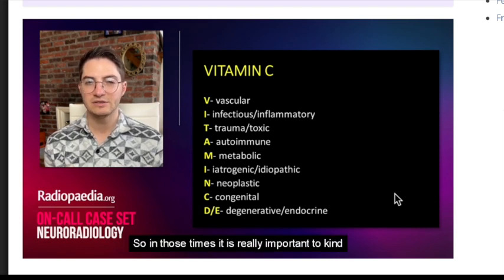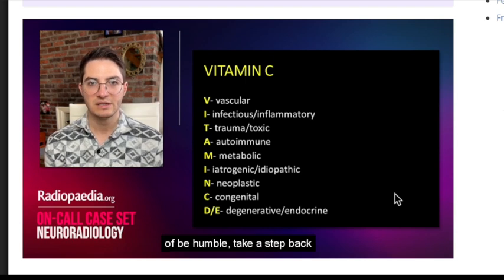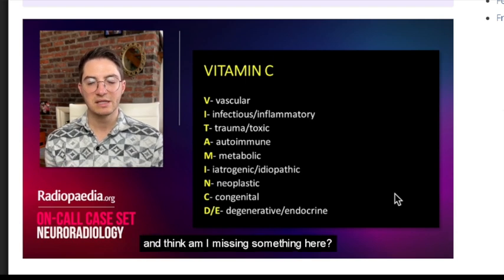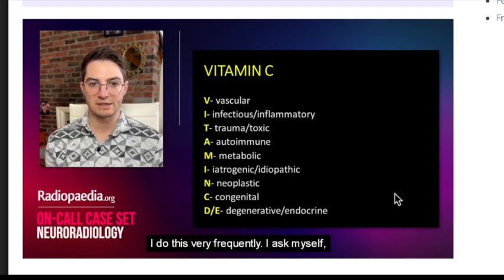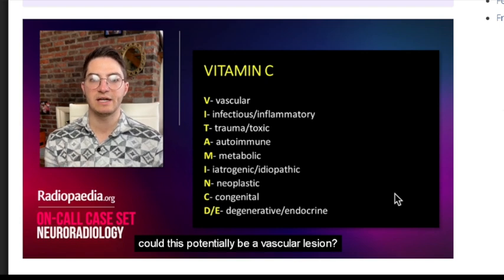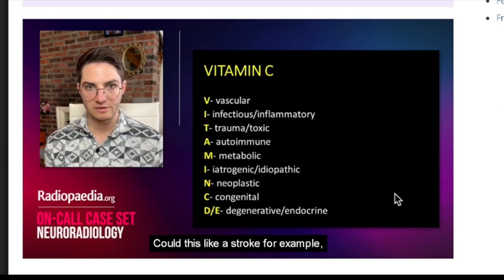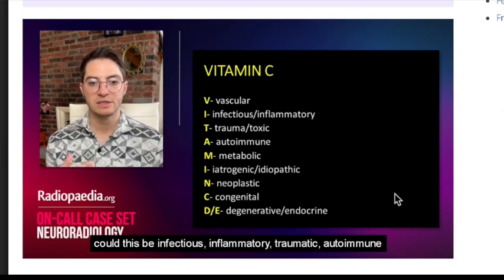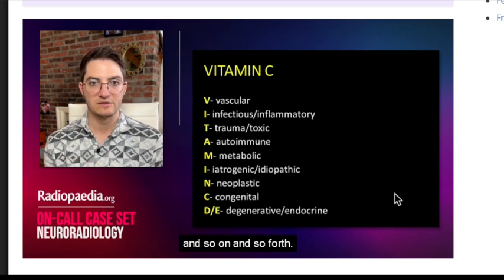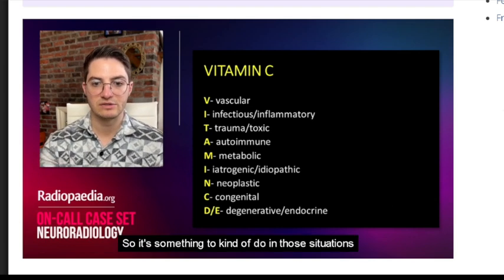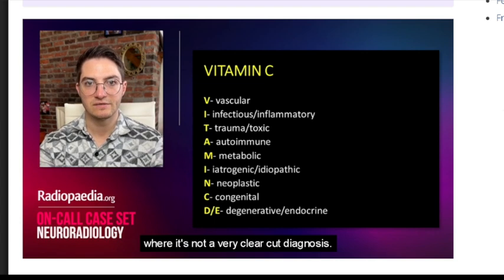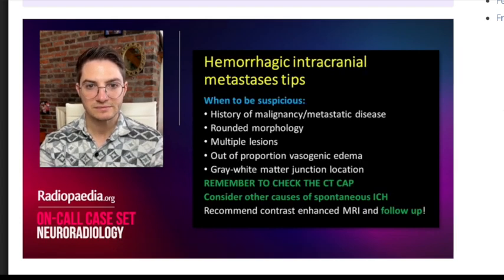In those times, it's really important to be humble, take a step back and think, am I missing something here? And break things down into disease categories. I do this very frequently. I ask myself, could this potentially be a vascular lesion, like a stroke, for example? Could this be infectious, inflammatory, traumatic, autoimmune, and so on and so forth? So it's something to do in those situations where it's not a very clear-cut diagnosis.